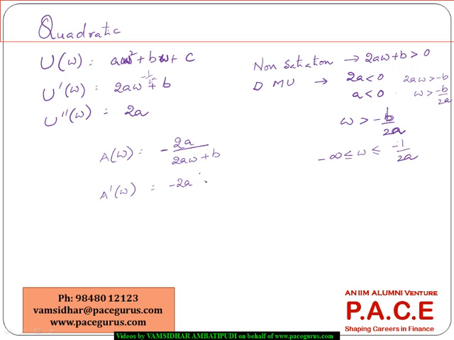So I'll take it as minus 1 by 2AW plus B whole squared, and when I'm taking the derivative of this it is 2A, so it is becoming actually 4A squared divided by 2AW plus B whole squared. This is actually a positive number. So that is where we can say that quadratic utility function exhibits an increasing absolute risk aversion.